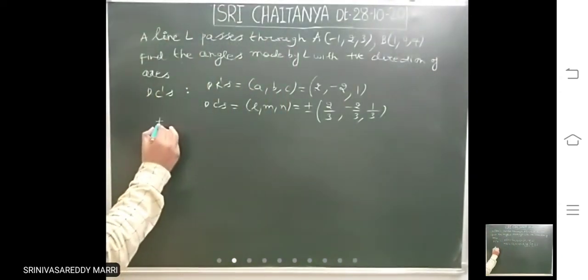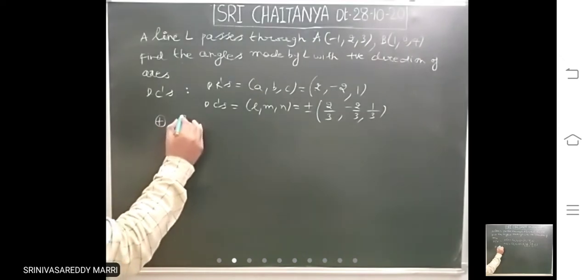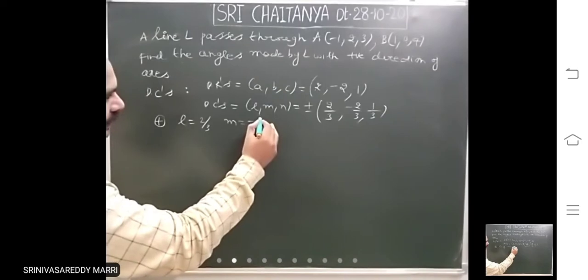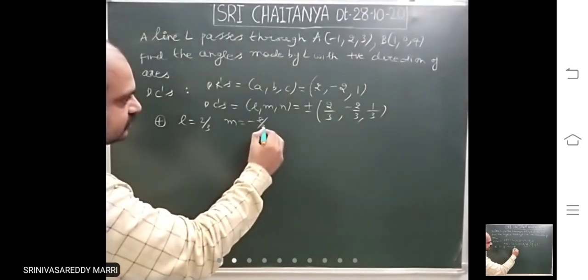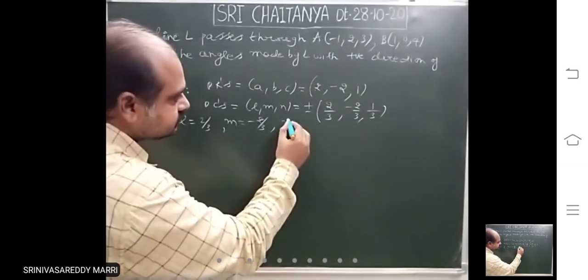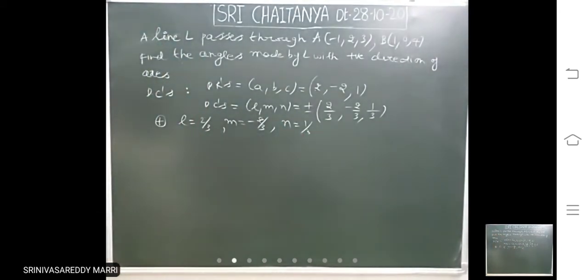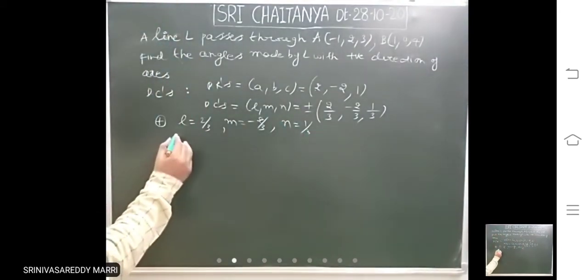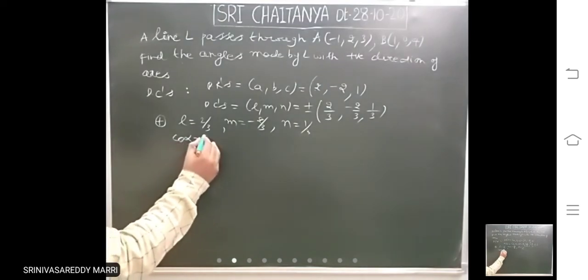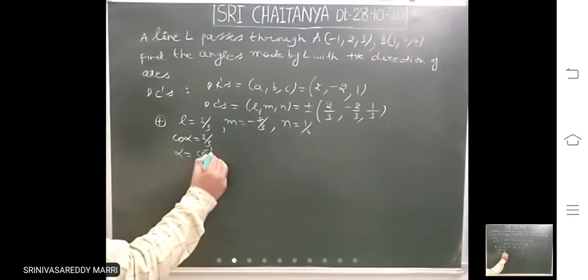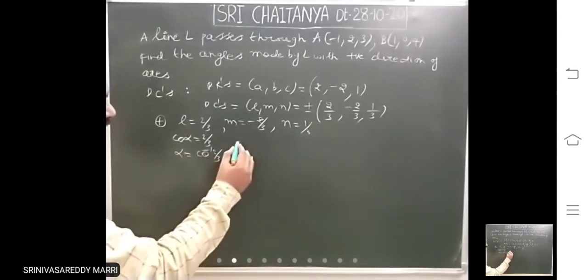If you take plus, L equals 2 by 3, M equals minus 2 by 3, N equals 1 by 3. So cos alpha is 2 by 3, alpha is cos inverse 2 by 3.